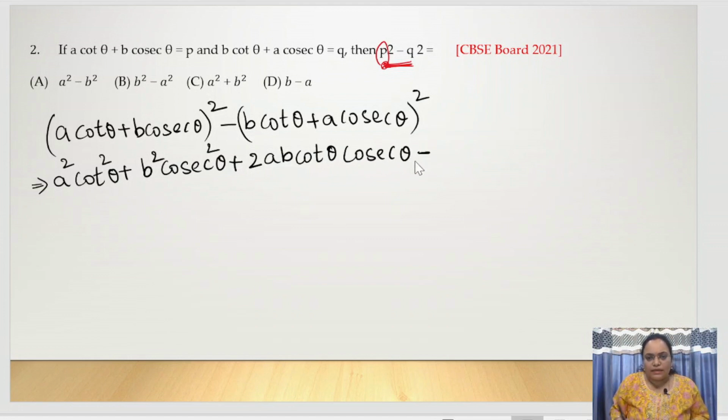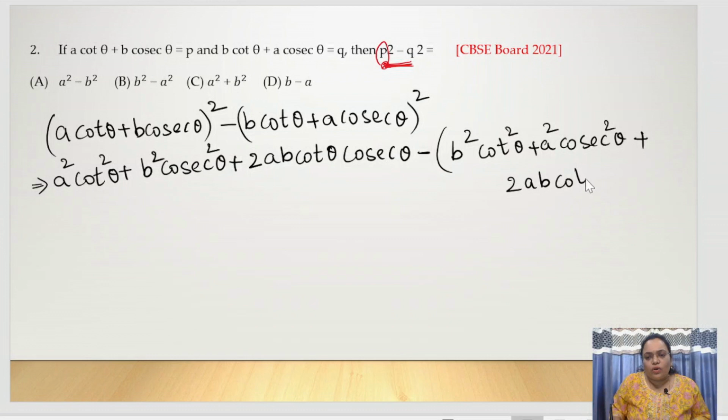Minus, this is also in the form of A plus B whole square. So, B square cot square theta plus A square cosecant square theta plus 2AB cot theta cosecant theta.